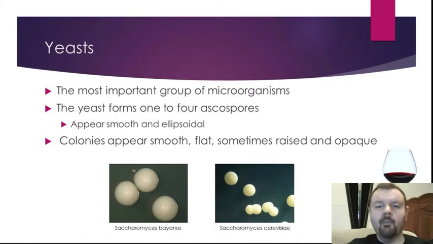And I have 2 images here. One of Saccharomyces bayanus, which is commonly used in wine, and Saccharomyces cerevisiae, which is the one that's most commonly known as brewing yeast. These are probably the most common that winemakers use.